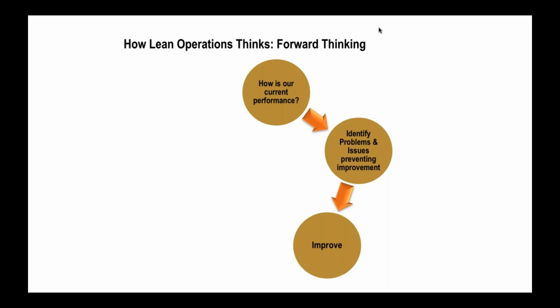What lean operations then does is work on actually making the physical improvements to a value stream or a process to change operating performance. And lean people are always looking ahead in terms of what the numbers can be. For example, how can we improve productivity 20% annually forever?